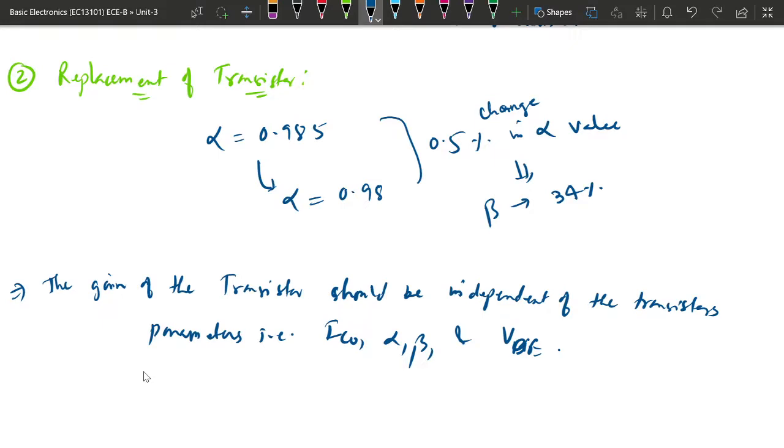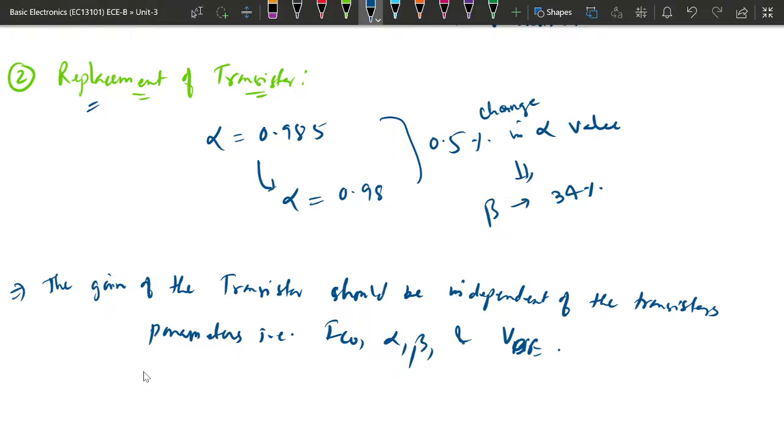Okay, so we need to avoid this transistor replacement also, or we need to compensate the effect of temperature instability. To basically increase the stability of the circuit, we need to bias the circuit such that it should not have a stability problem.